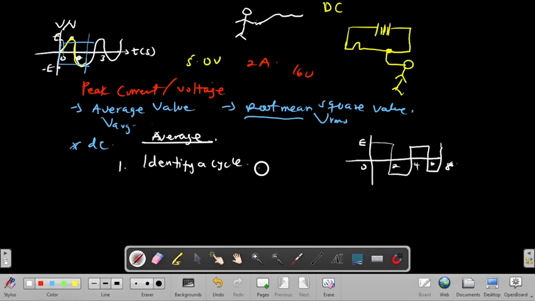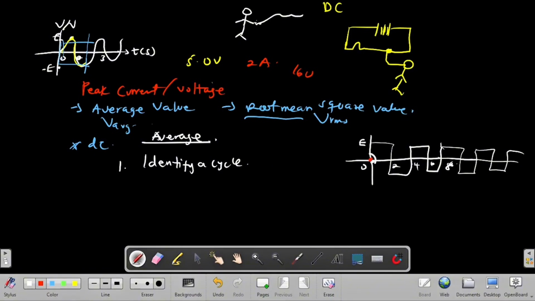To find the average value, we want to identify a cycle. In an AC, it's simply one cycle repeating itself countless times. For that reason we don't need all the cycles to get the average value or the RMS value. A cycle is a complete revolution.